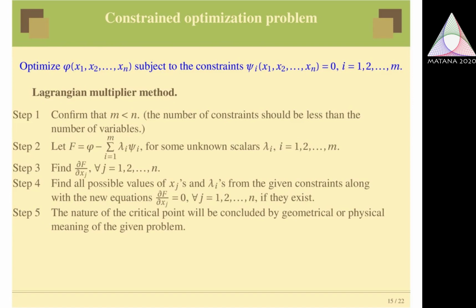Now we have to find all possible values of x_j's and lambda_i's from the given constraints along with the new equations, dou F by dou x_j is equal to 0 for every j varies from 1 to n, provided the solution exists. Such solutions are stationary points for this problem.